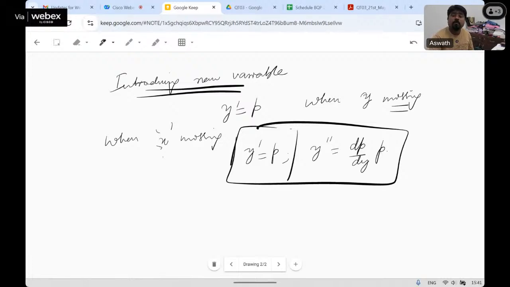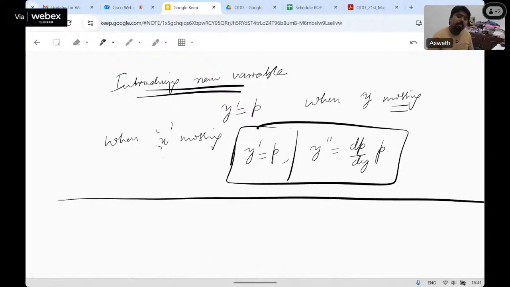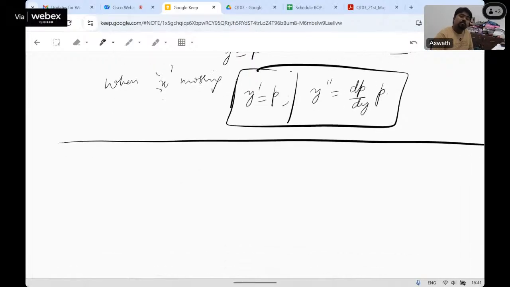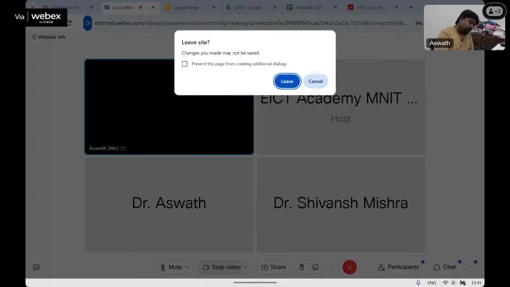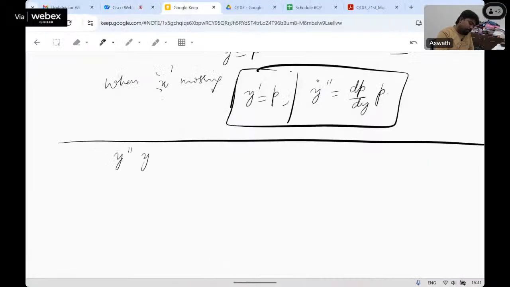So now the question people were always asking is, how do I guess? It's always tough to guess, but if linear differential equations are involved, in the sense there is a y, there is a y double prime and y, everything is involved in these equations, you can just check.